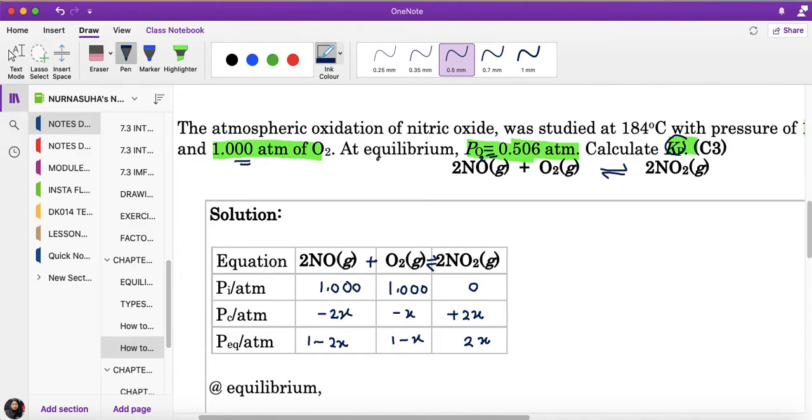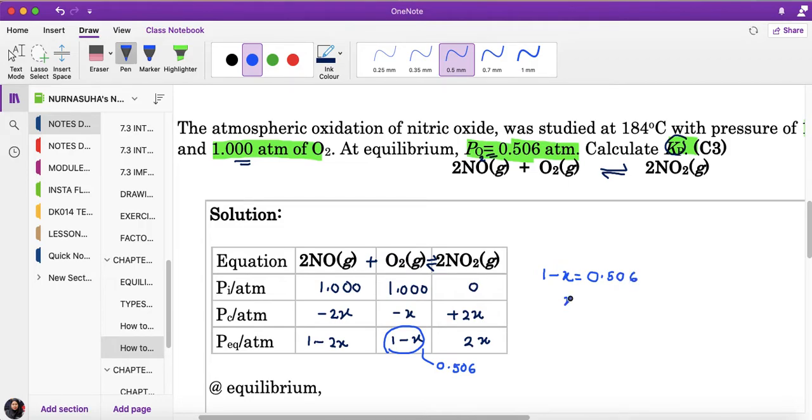So now dia bagi Kp. Ni kat sini, sorry. At equilibrium, partial pressure of O2 is 0.506. Mana O2? Okay, let me use another pen. So kat sini, dia dah bagi dah dalam soalan, pressure untuk oksigen apabila dah capai keseimbangan adalah 0.506. So maksudnya, you boleh dapatkan X. So 1 minus X equals to 0.506.